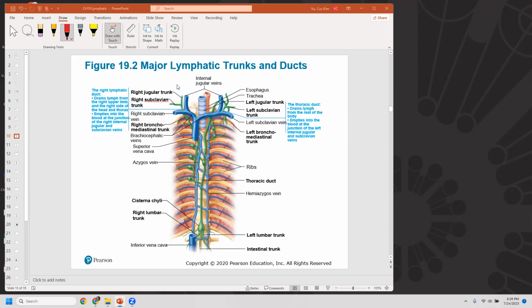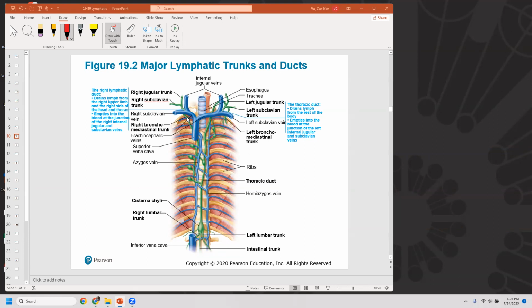Here we go. So here you can see in the green, you have the right and left jugular trunk right here. And then you have the right and left subclavian trunk. And then below, you have the right and left bronchomediastinal trunk. Okay. Essentially, where do you think they're going to dump into?